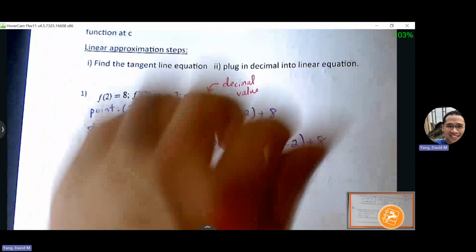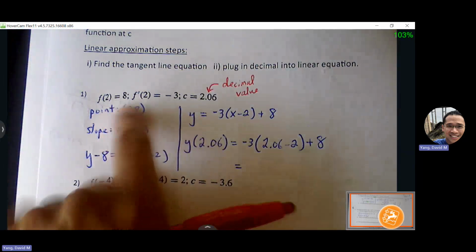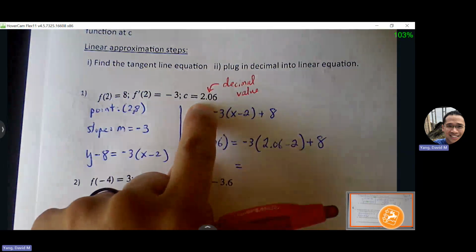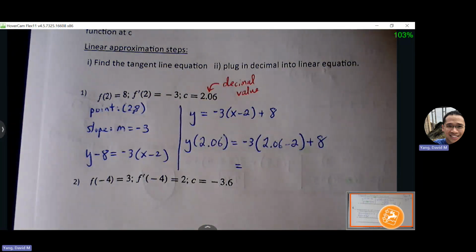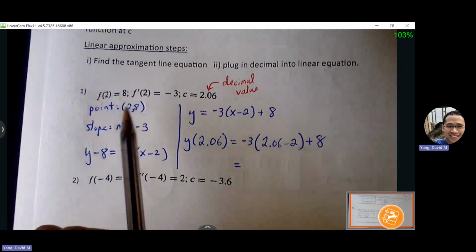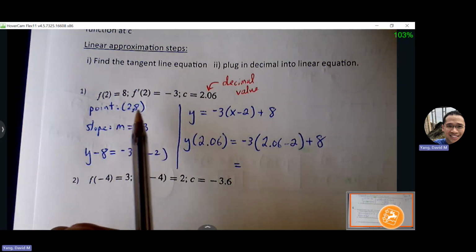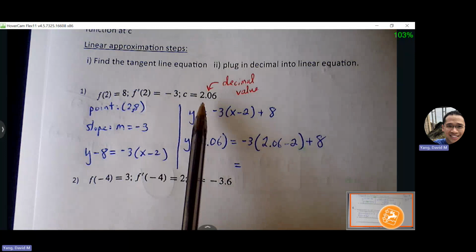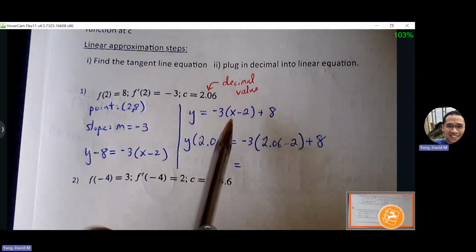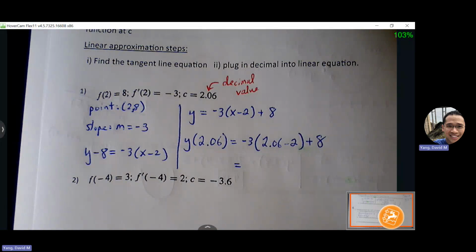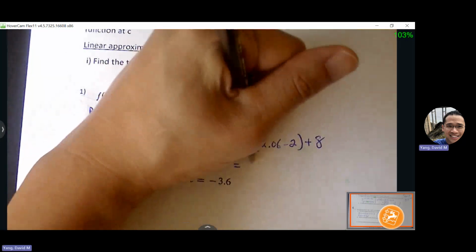And usually your decimal value is going to be pretty close to your point of tangency, because otherwise, if it's too far away, it doesn't really have much purpose, because the line is going to be too far away from the curve. You want the line to be relatively close to the curve in order for it to be a decent approximation. You guys get 7.82.